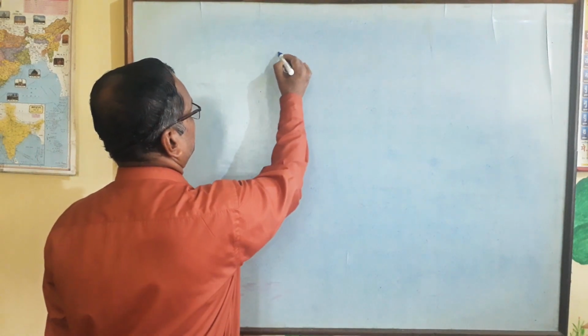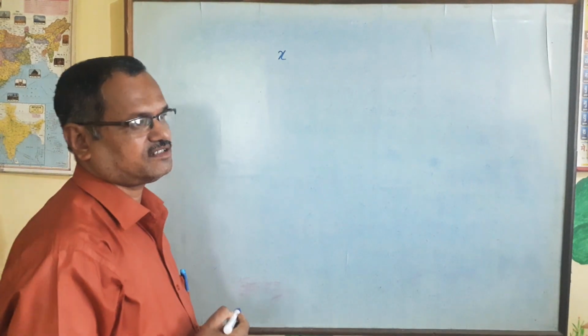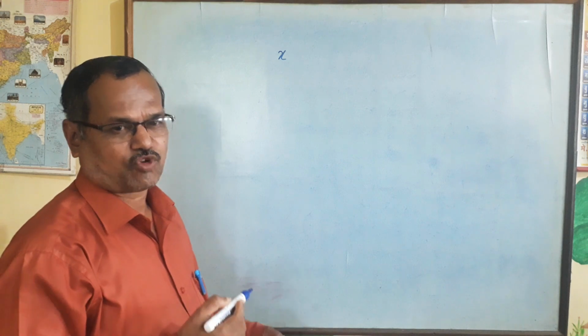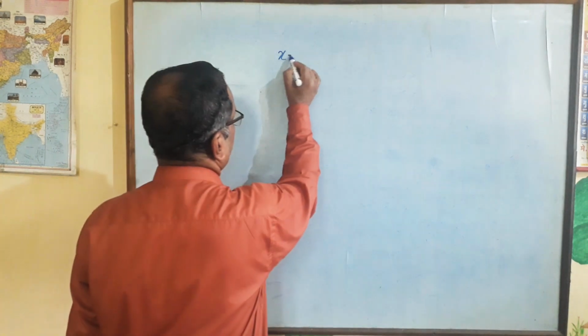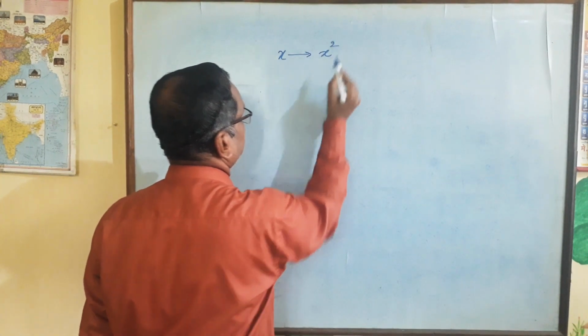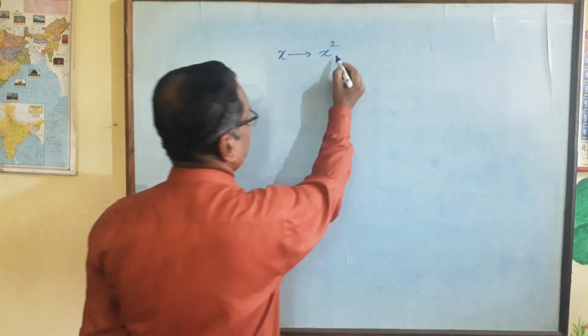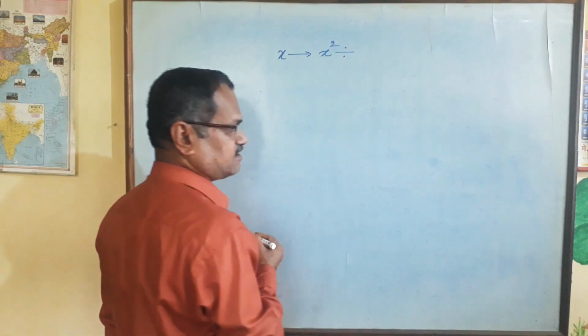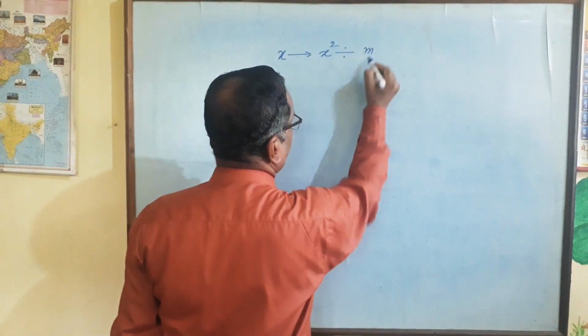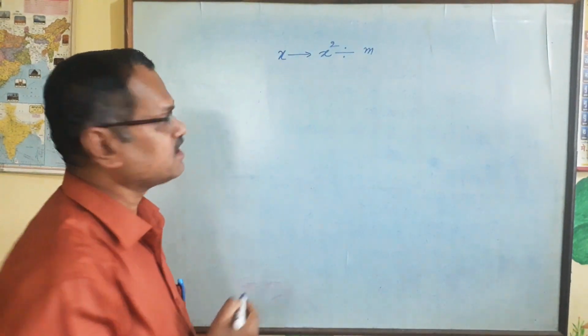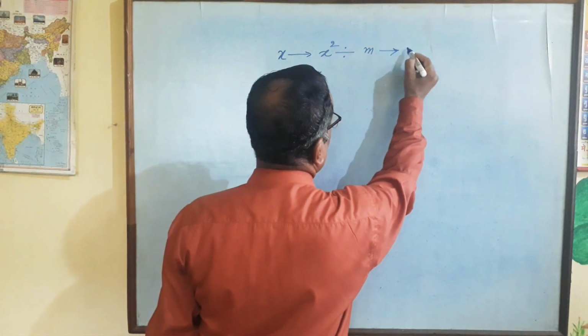Now, if x is any integer, either positive or negative, its square x square is always a positive number. When this square is divided by any positive number, say m, we get the remainder r.